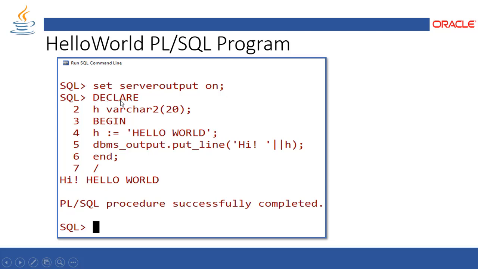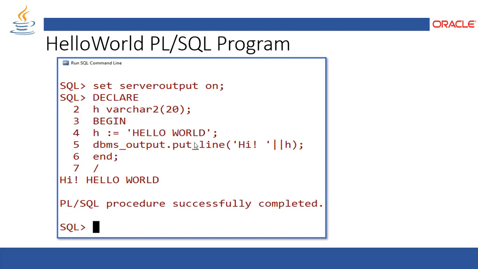My first block is DECLARE, and I'm declaring a string type variable H, with data type VARCHAR2 and size 20. BEGIN, H is assigned 'hello world', and DBMS_OUTPUT.PUT_LINE is the method to print a message in PL SQL.